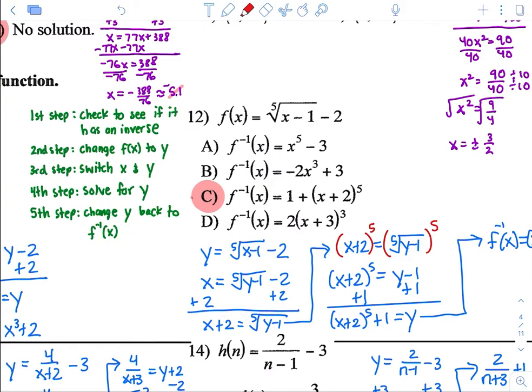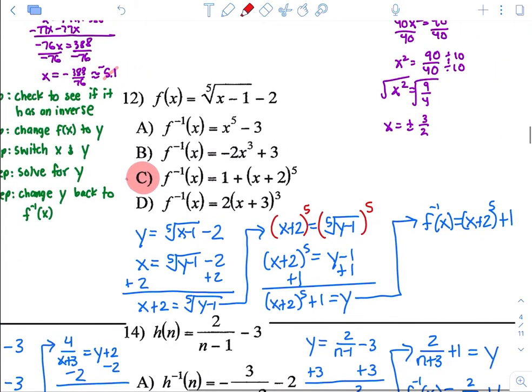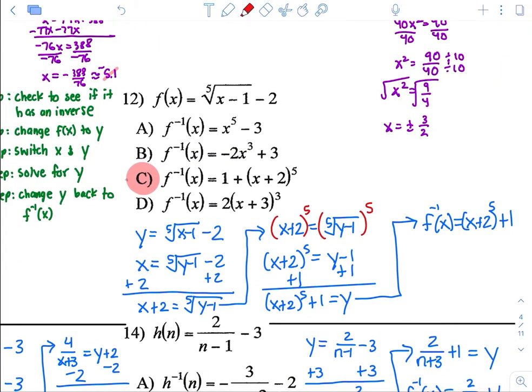Since that has a fifth root, we need to get rid of it in order to solve for y. So I raise both sides to the fifth power. That means this fifth root and that 5 cancel. Then we get this. Lastly, we add 1 to both sides and change the y to f inverse, and we get x plus 2 raised to the fifth, plus 1, which is C.